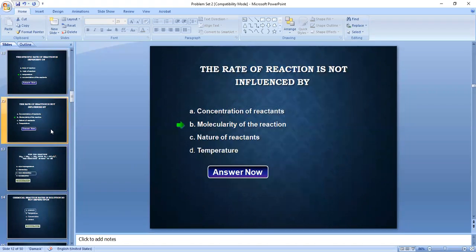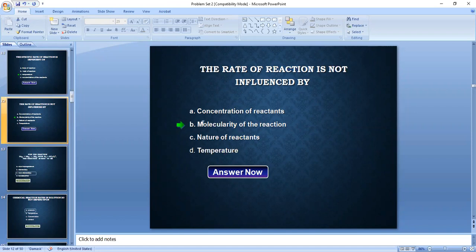The rate of reaction is not influenced by molecularity of reaction. It's dependent on concentration, on the nature of the reacting species, and on temperature, primarily because your K is temperature dependent.